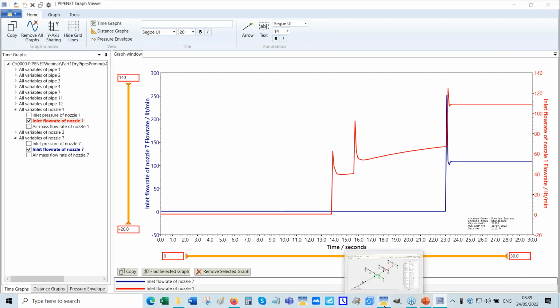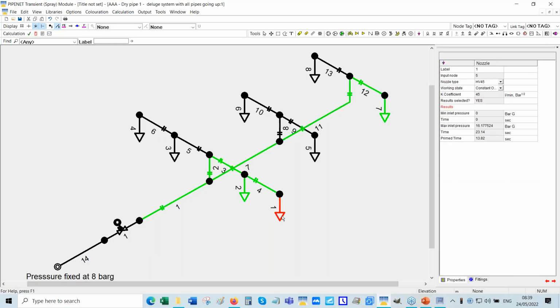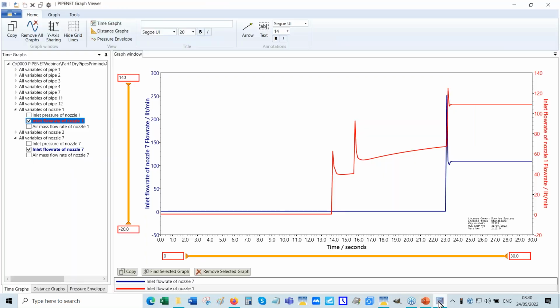Just to remind you, nozzle 1 is this nozzle here, nozzle 7 is there, and I'm saying that when the water reaches this nozzle, there will be a shock, and that shock wave will travel back, and that will create a spike in the flow rate here. And let's see how that happens.